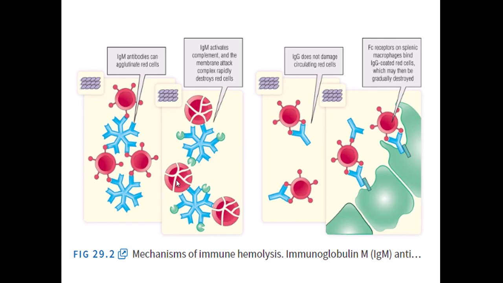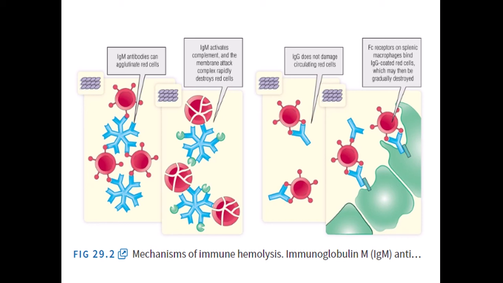Sometimes, of course, the isohemagglutinins are IgM, as I said, and this is the most important in incompatible blood transfusion. But sometimes, like in hemolytic disease of the newborn and so on, IgG antibodies could cross the placenta and sensitize the red blood cells of the mother of Rh.